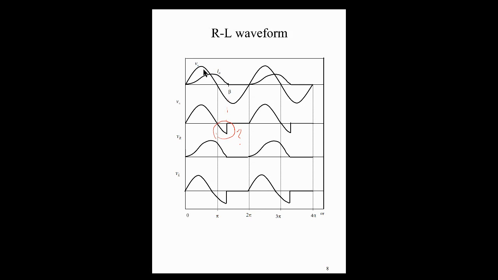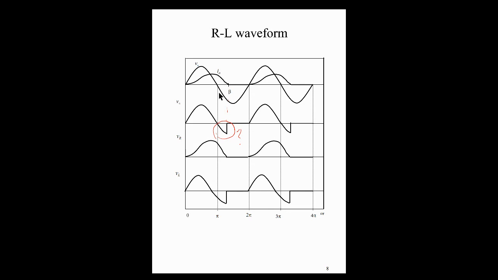All right, so if you look at what is happening right here, in this interval, the current is now decreasing, right? It's positive, but it's going to decrease. So the inductor is going to react to this.